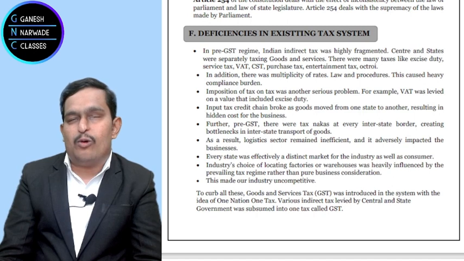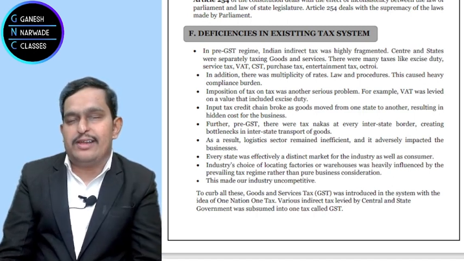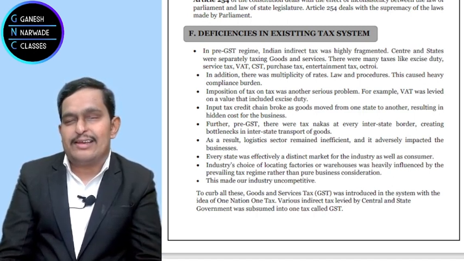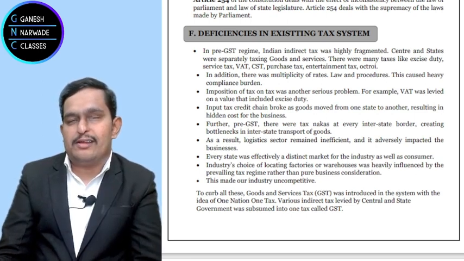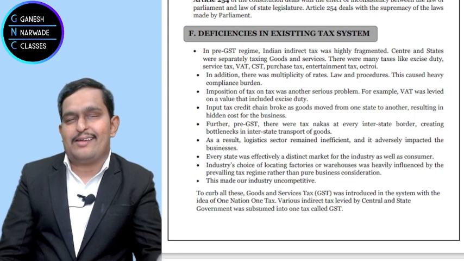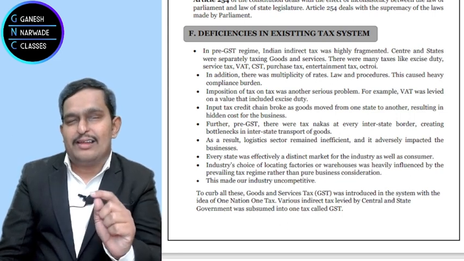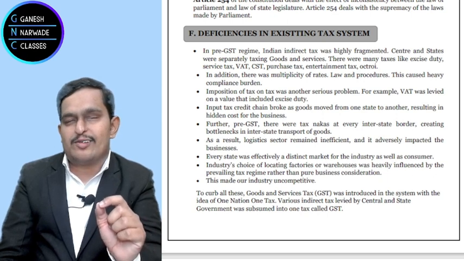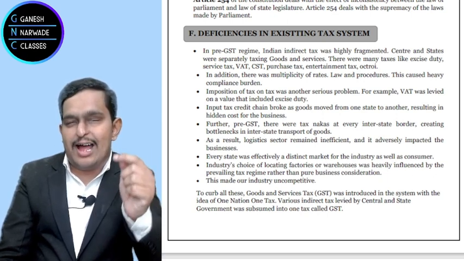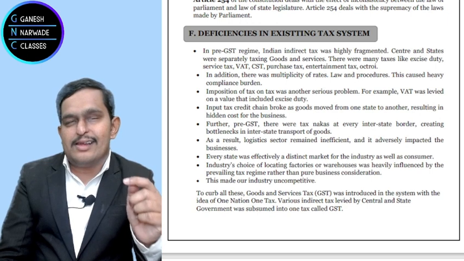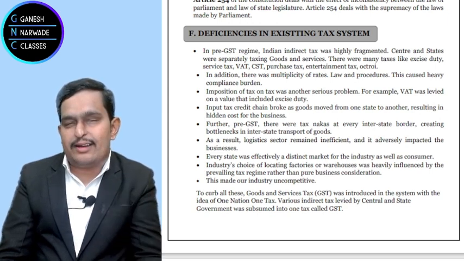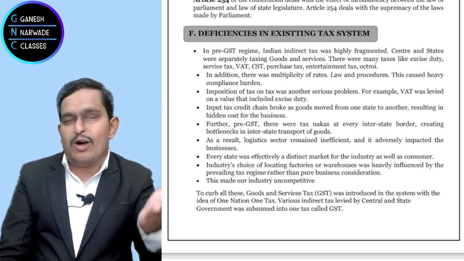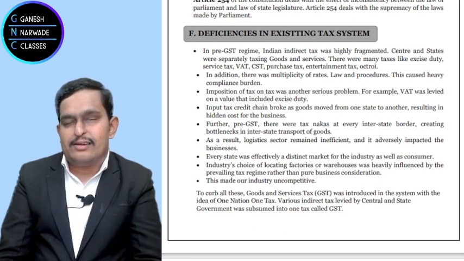Now another problem we discussed in numericals is the cascading effect of taxes. The third point you can see here, there was tax on tax. When we calculated VAT in the old problem just now, we saw that on the excise also VAT was there, on the CST also VAT was there. So there was tax on tax. It became inflationary in nature.